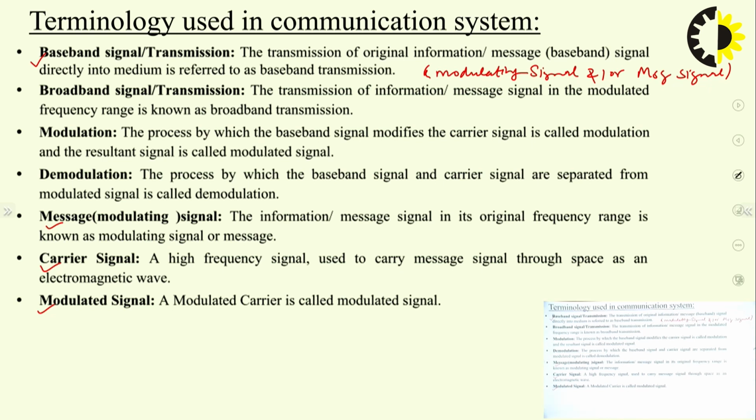So at the receiver, after the modulation process, the signal which we have received is known as modulated signal or broadband signal, or in other terms passband signal as well. So this is another term which we need to understand. I think this one is clear to all of you.